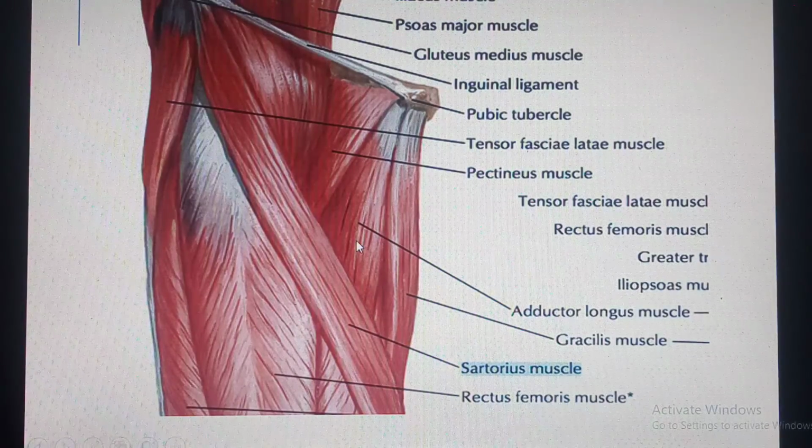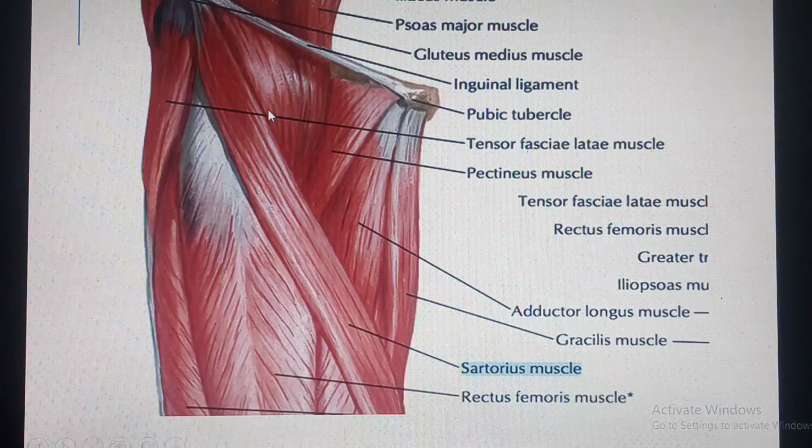Now, having seen these, one other thing we have to appreciate in the anterior compartment of the thigh: in the superior medial portion of the anterior aspect of the thigh will be this triangular shaped area known as the femoral triangle.